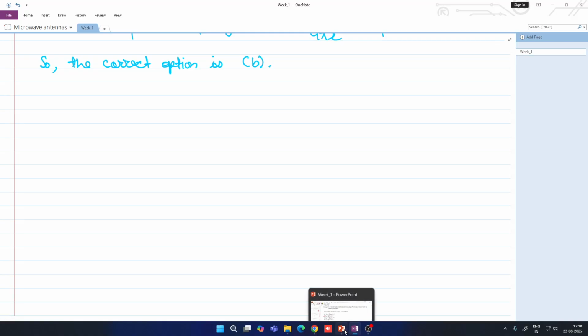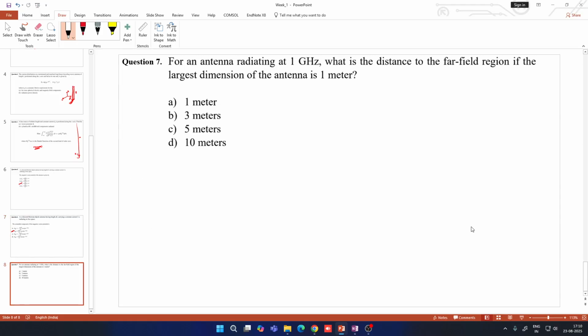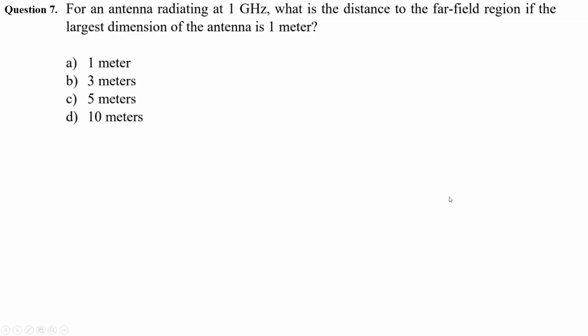Now we will move on to question number 7. For an antenna radiating at 1 gigahertz, what is the distance to the far field region if the largest dimension of the antenna is 1 meter? The far field region depends on the dimension of the antenna. Let's say we are talking about a dish antenna.